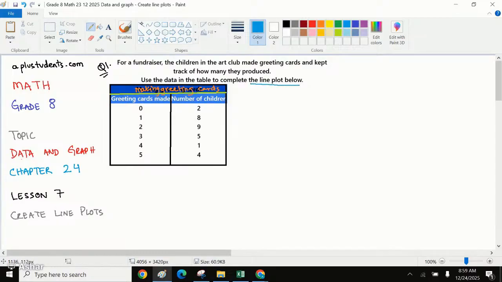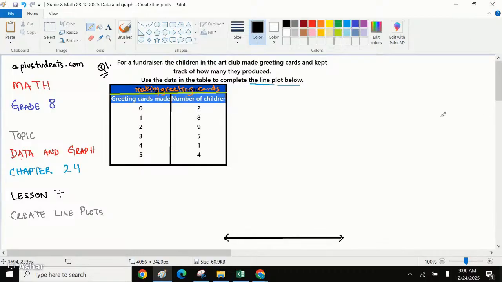The first and foremost thing we need to see is what we are plotting on the horizontal axis. In this case, the greeting card is the main concern. So we have the horizontal axis, and we always have to put an arrow on either side.